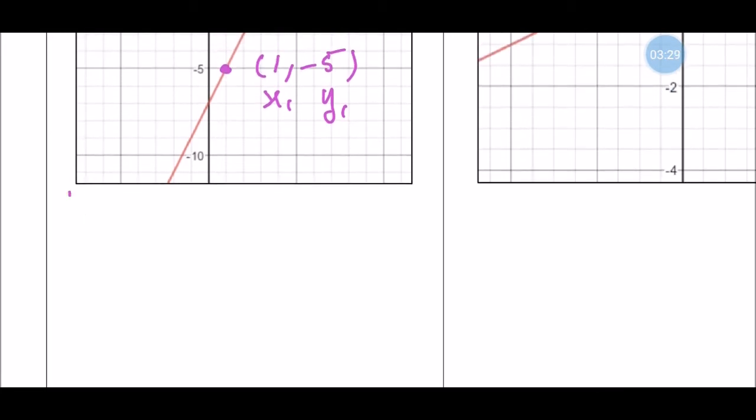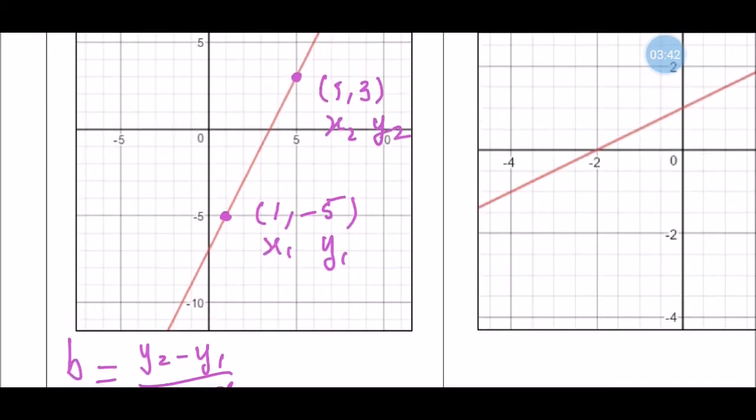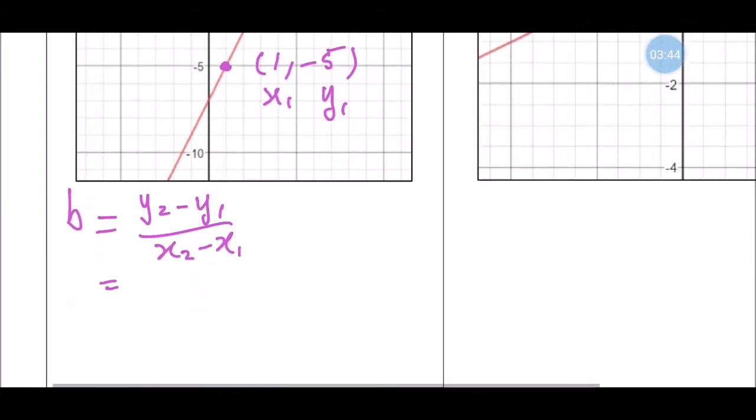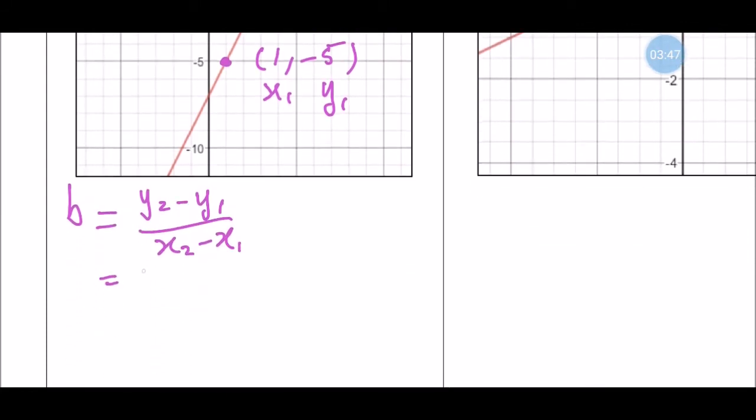So here we go. Gradient B equals y2 minus y1 over x2 minus x1, which equals, well, y2 is 3 and y1 is minus 5. So y2, 3 minus y1, which is minus 5.